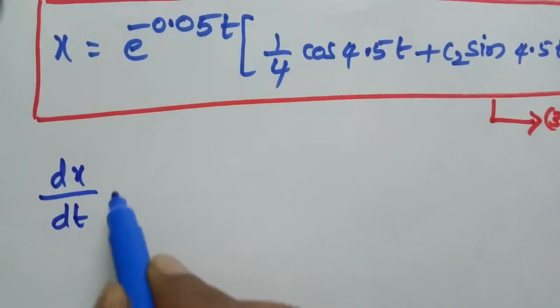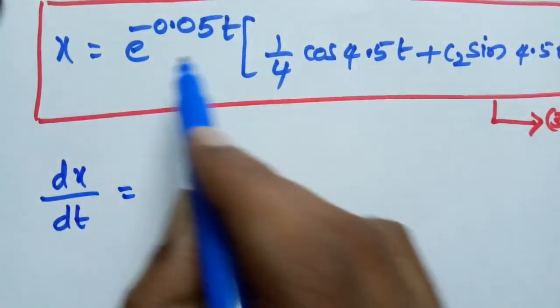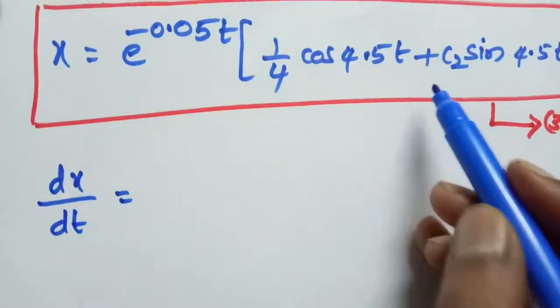Now dx by dt is equal to u into v formula.